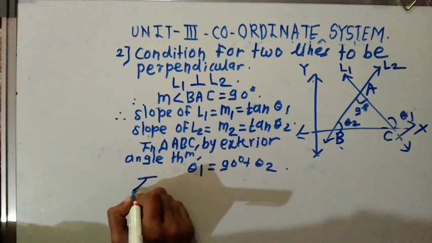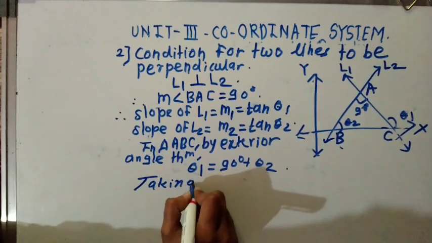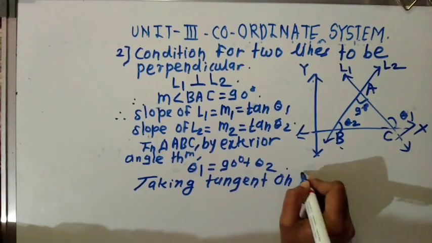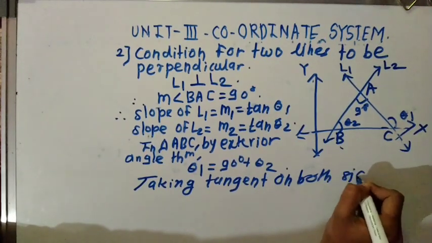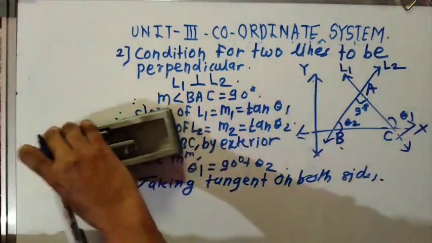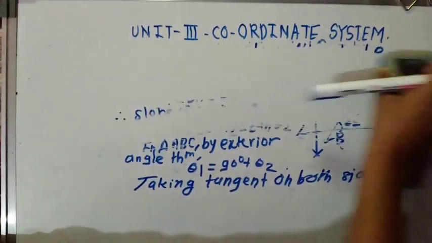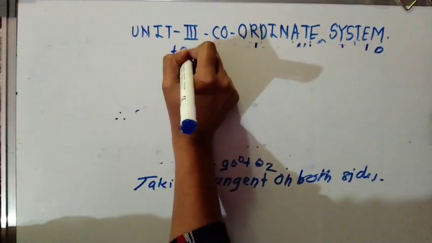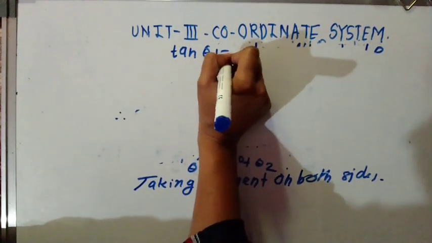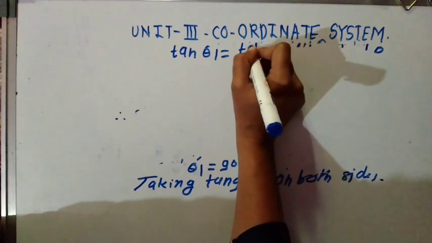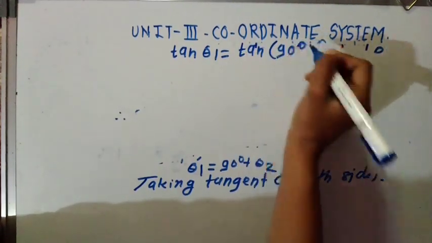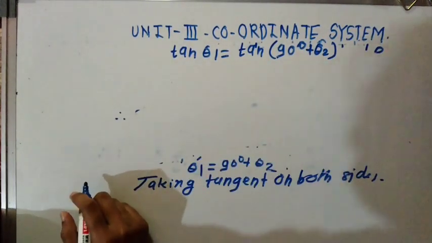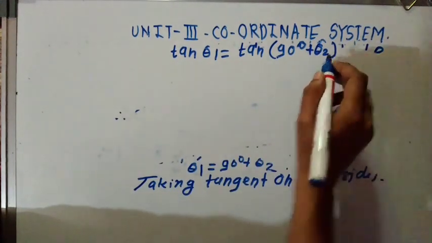So taking tangent on both sides, we get tan theta 1 is equal to tan of 90 degrees plus theta 2, and tan of 90 degrees plus theta is equal to minus cot theta.